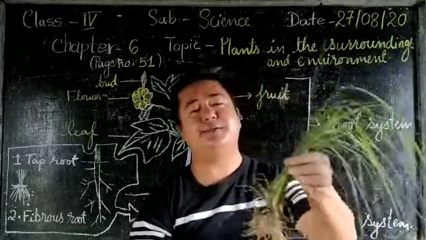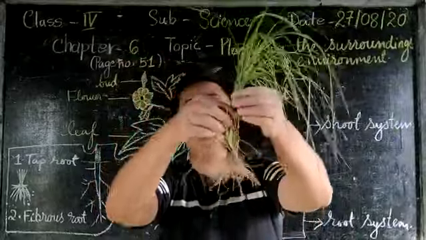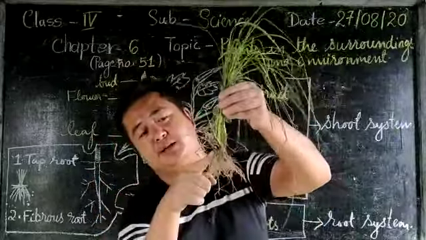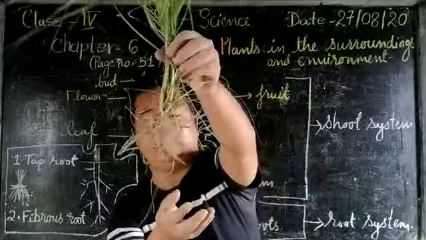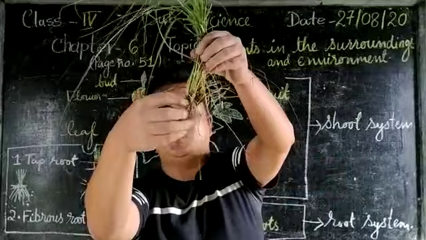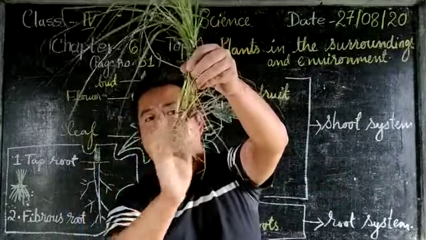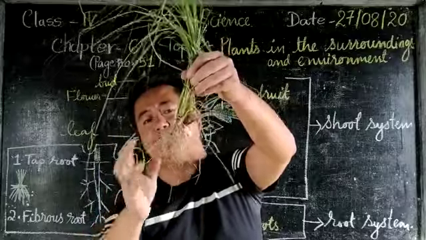In the fibrous root, several roots grow in different directions from the base of the plant. You can see here, the roots are grown right from the base of the plant. There is a vast difference between the taproot and the fibrous root.